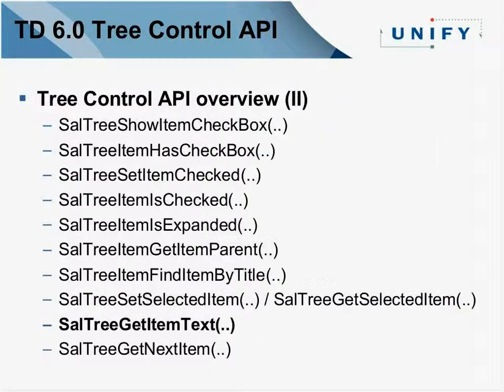On the next slide, we have some information and APIs like whether an item has a checkbox, or whether this item is checked, and so on. Or if you want to get the item parent, or if you want to expand something.